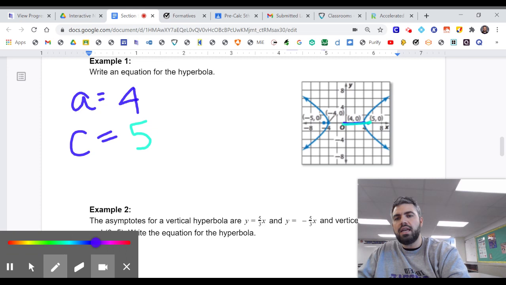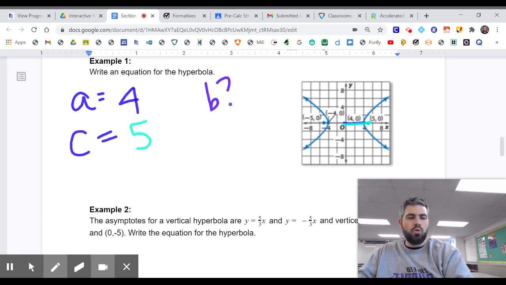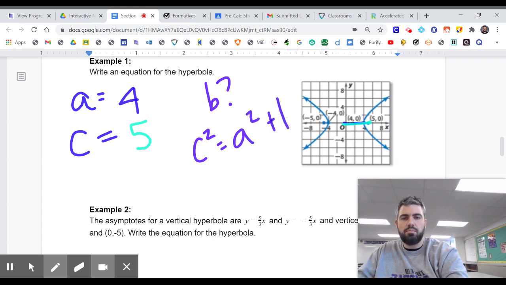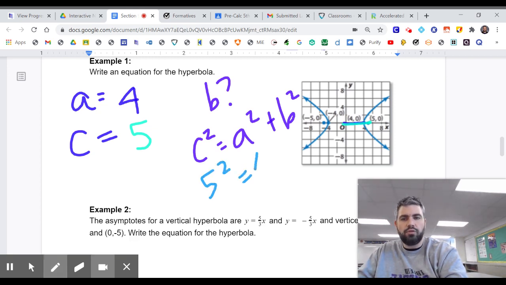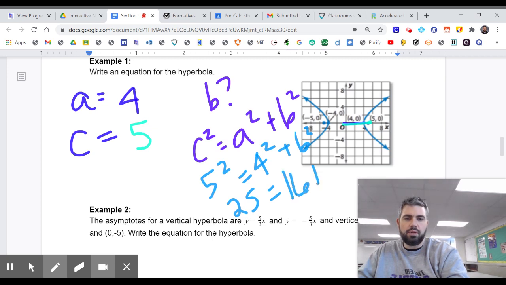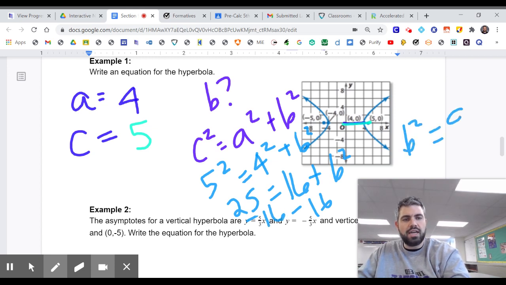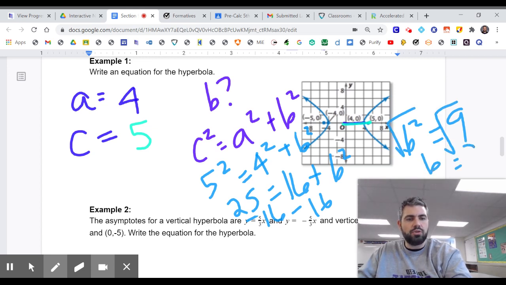Then we can use that information to figure out what b is. We said it's of the form c squared equals a squared plus b squared. So 5 squared is equal to 4 squared plus b squared. So 25 is equal to 16 plus b squared. I subtract 16, and I get b squared is equal to 9, which means if we take the square root, we find that b is equal to 3.